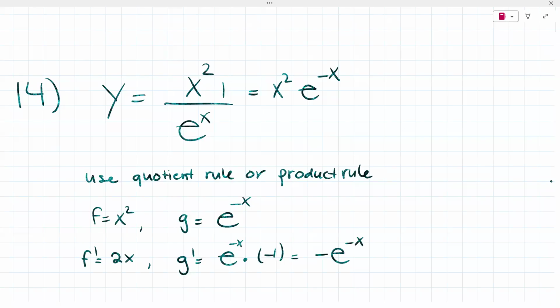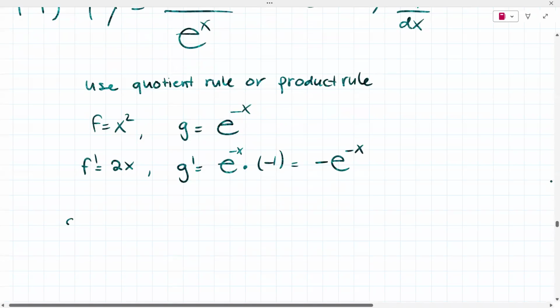Okay. Oh, the direction says to find dy/dx. So we're doing a little bit of implicit differentiation. The good news is on the right side there's no y, so we don't have to worry about the variables. But on the left, what's the derivative of y with respect to x? Yes, it would be dy/dx.